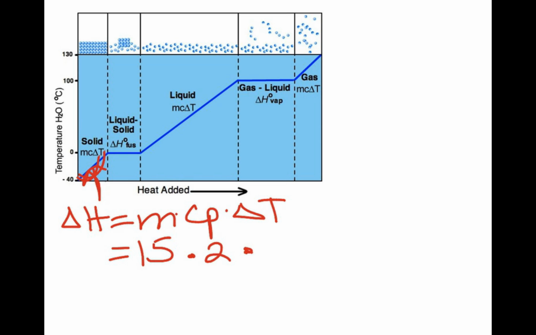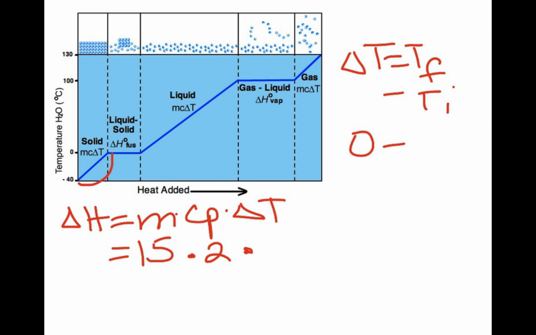Now, I want to erase this so you can see. Do you see that we're going from negative 40 to 0? Remember, delta T is final minus initial. Our final temperature is 0 minus our initial temperature, negative 40.